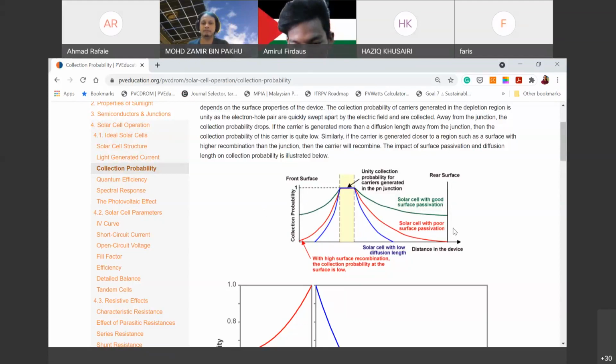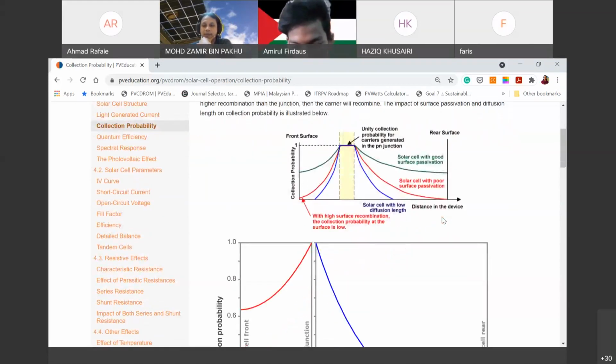Okay, so to relate this to the device properties to some extent, we discussed about the passivation, right? Still remember the passivation in order to suppress recombination last time we discussed? So you can look at these few cases to relate back to the passivation. Remember the passivation is a process that we use to suppress recombination. We discussed this during recombination topic.